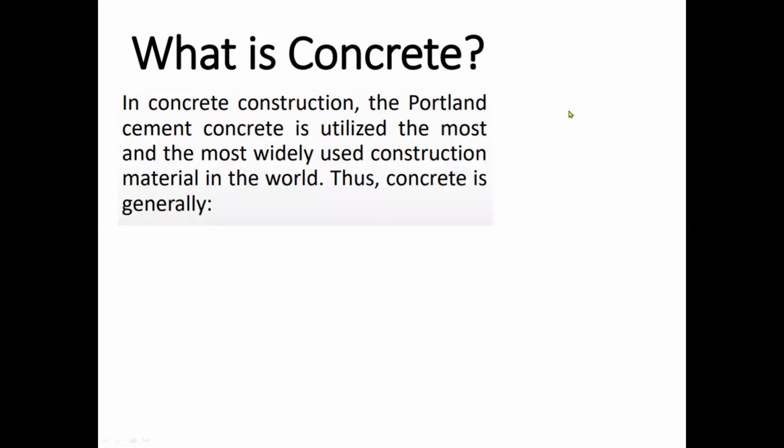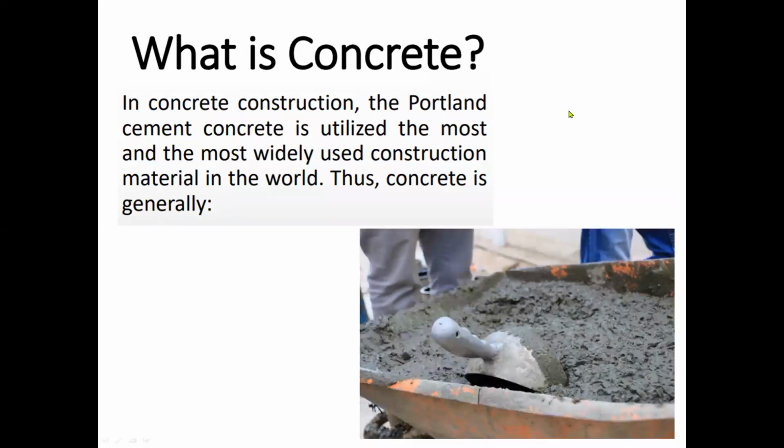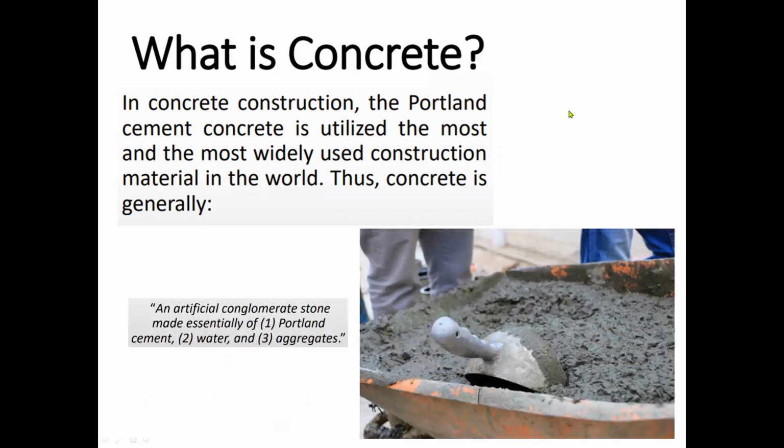Another definition, in concrete construction, the Portland cement concrete is utilized as the most widely used construction material in the world. Thus, concrete is generally an artificial conglomerate stone made essentially of Portland cement, water, and aggregates. Yan ang pamamaraan para tayo ay makabuo ng isang konkreto.